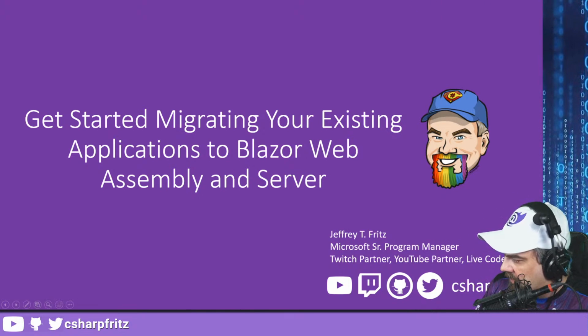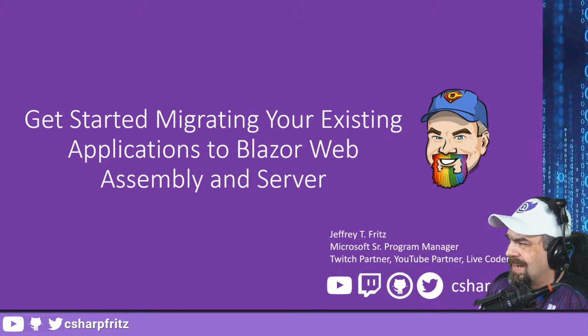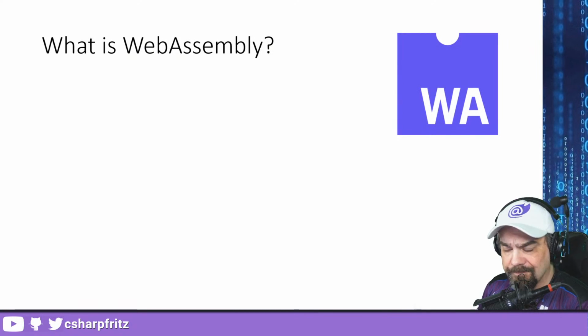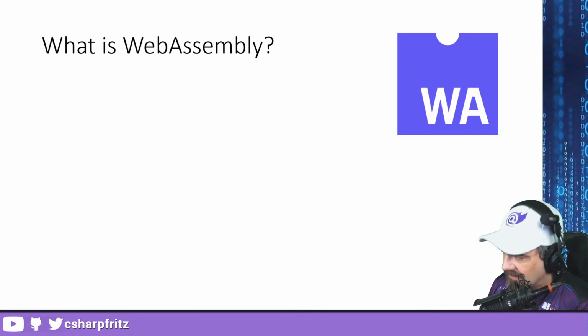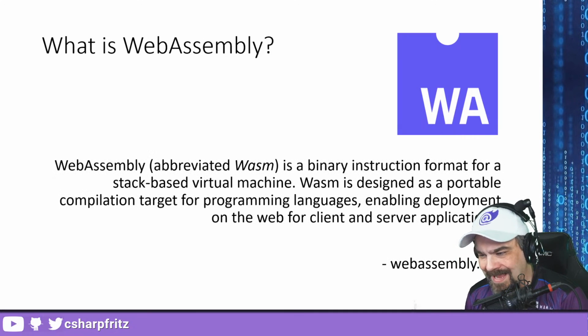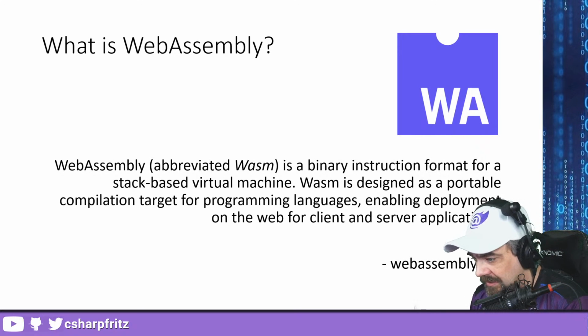So let's talk about, well, okay, Blazor server. I kind of know what that is. That sounds familiar. But what's WebAssembly? Okay, WebAssembly, let's back up just a little bit here. WebAssembly, abbreviated Wasm, is a binary instruction format for a stack-based virtual machine.